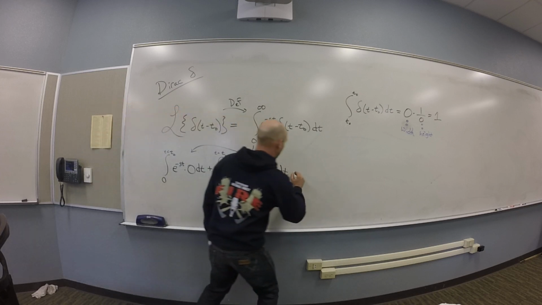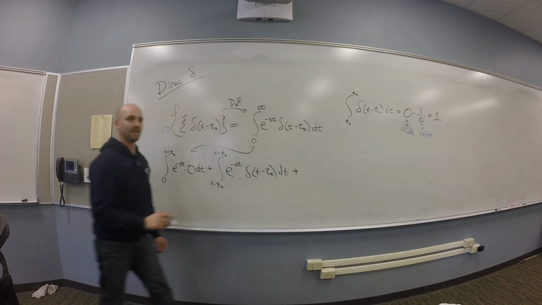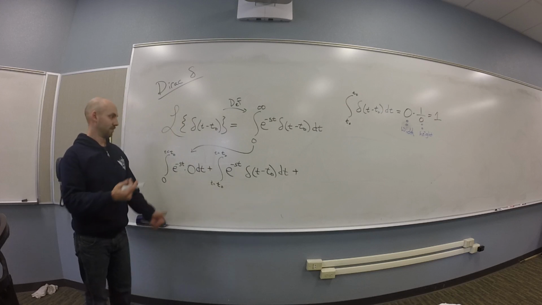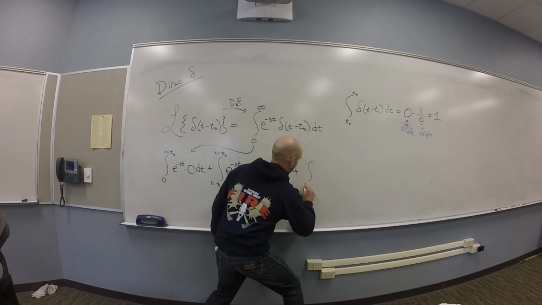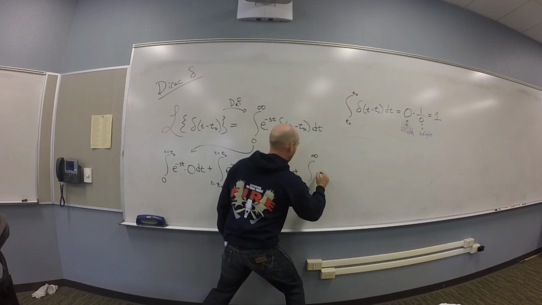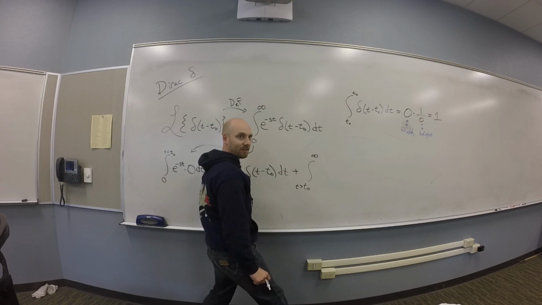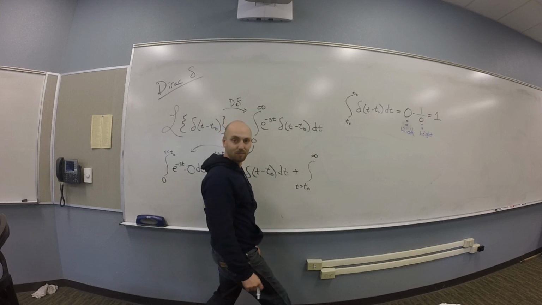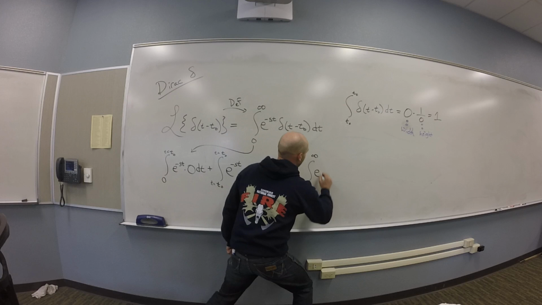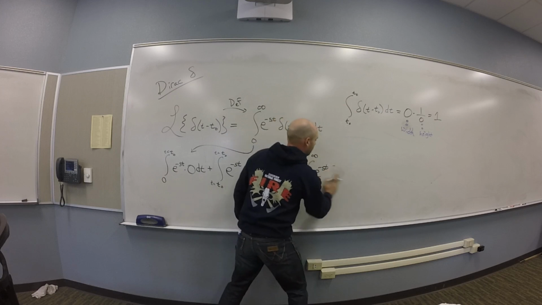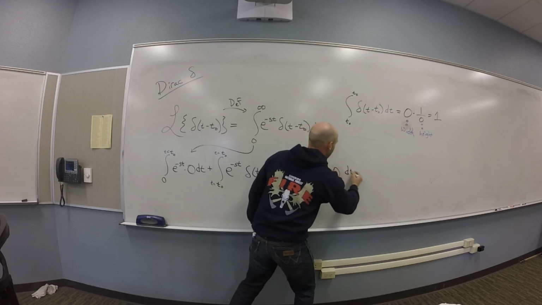And then plus the integral from t naught to infinity, and really t is just a little bit bigger than t naught, right? This is why that limit thing comes into play here. And then an e to the minus st and a big fat 0, dt.